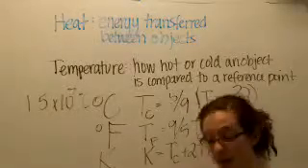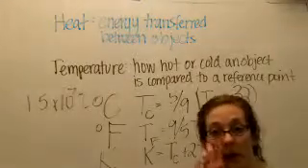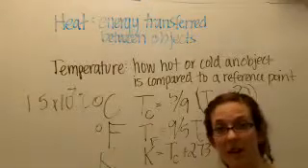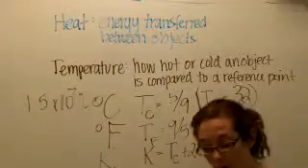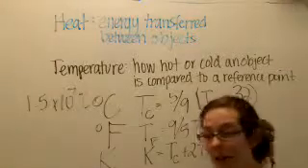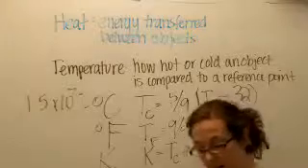And there is a lower limit because when heat is being extracted from an object, particles move slower and slower. And there gets to a point where they cannot move any slower. And we call that absolute zero. And absolute zero is on the Kelvin scale, which would be 0 Kelvin.